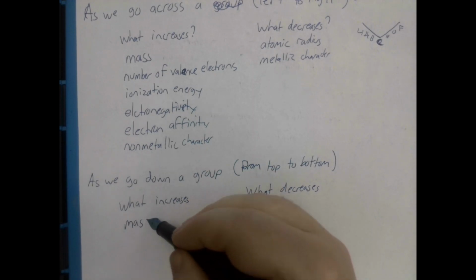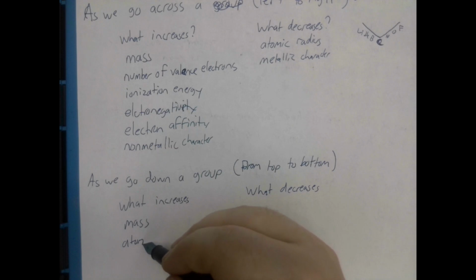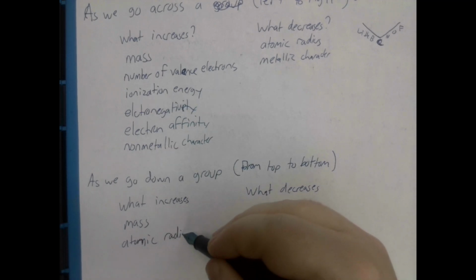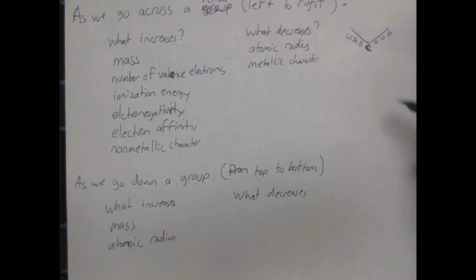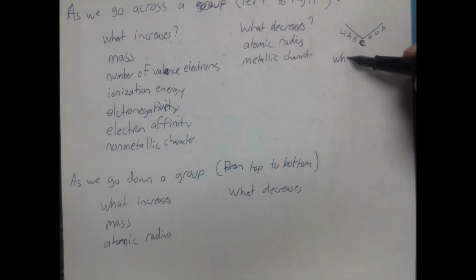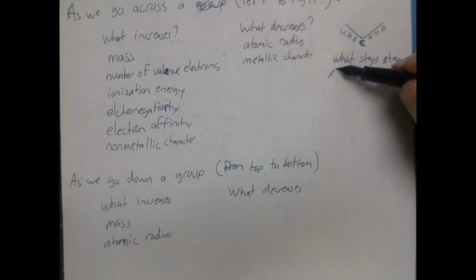So mass, atomic radius. And I should have also had a what stays the same. What stays the same? That would be the number of energy levels.